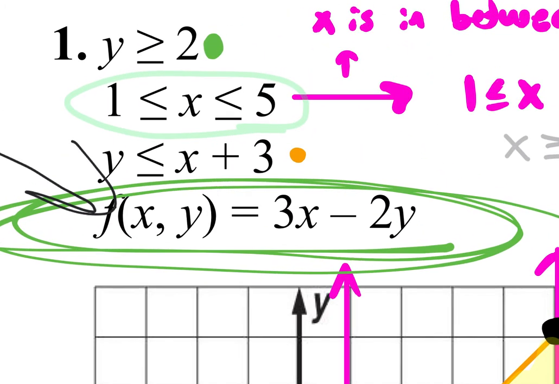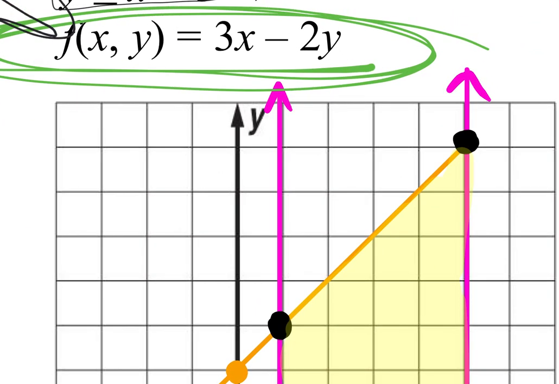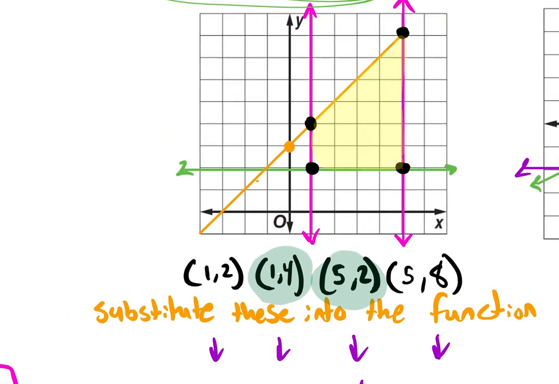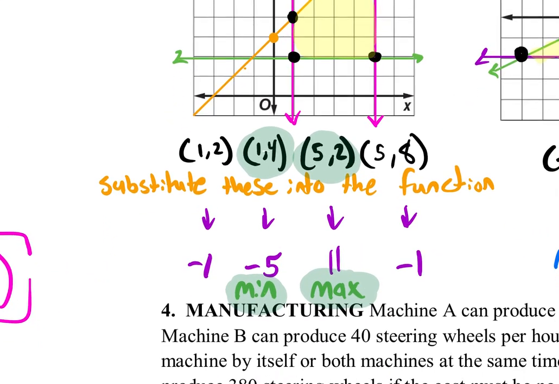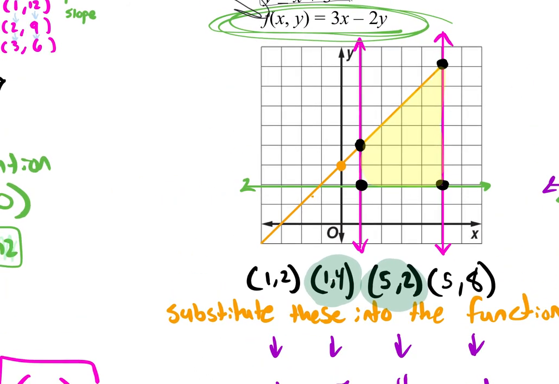Now, when I graph these 4 inequalities, we get this picture. We get those intersection points right there. Those are what you plug into the function. So what I'm doing is I took all 4 of those and substituted into this.